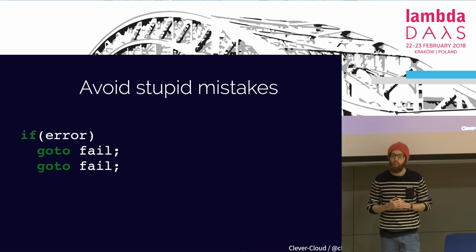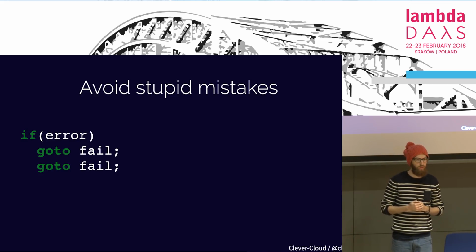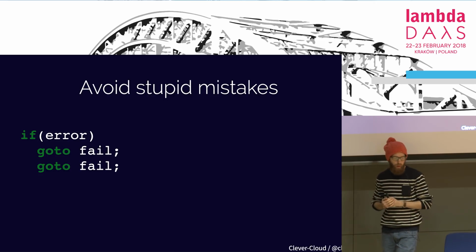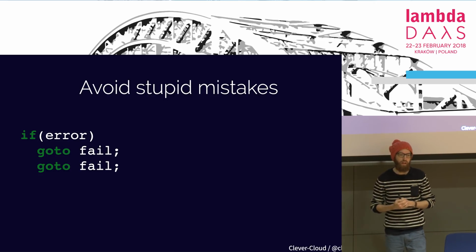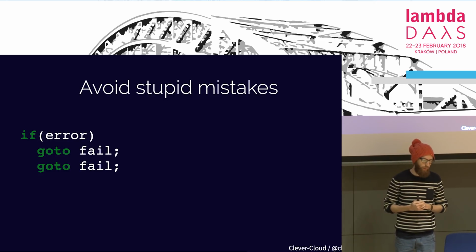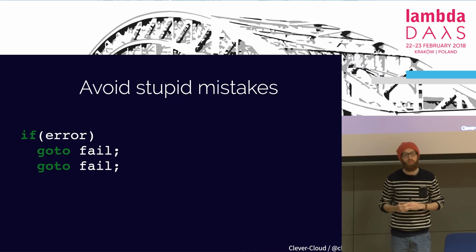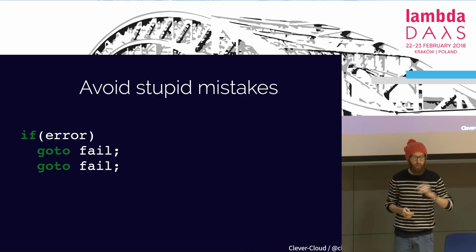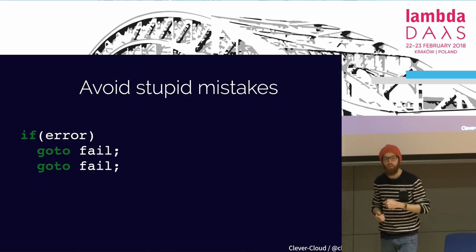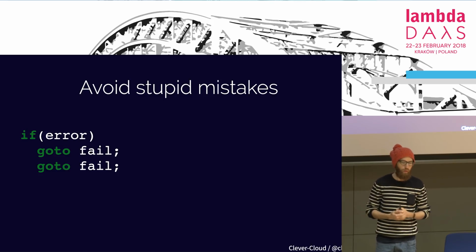I don't remember if it was OpenSSL or the Apple SSL implementation, certificate verification was bypassed because there was a duplicated line and it was always jumping to the fail label, even though it shouldn't.